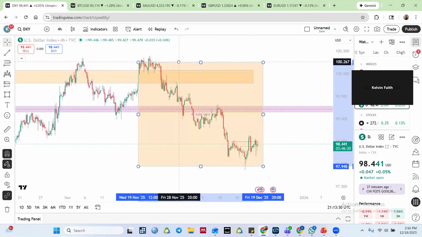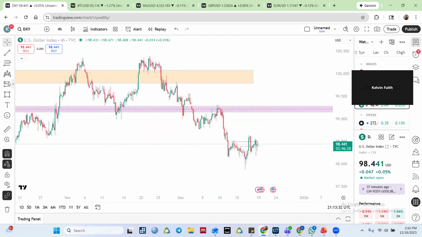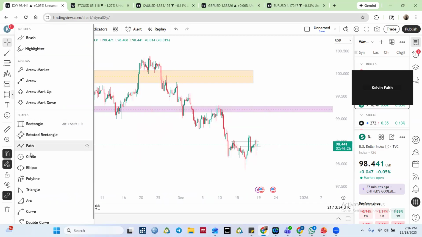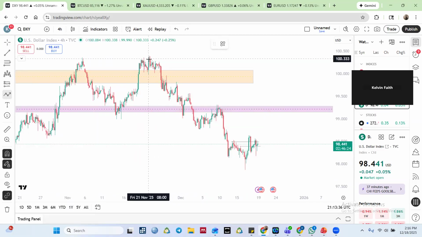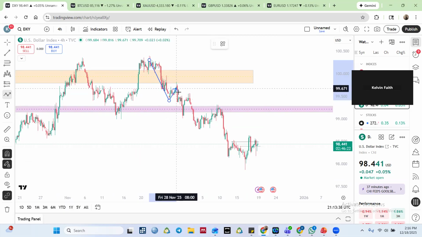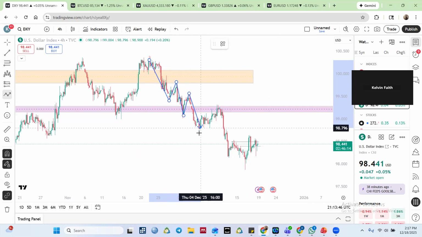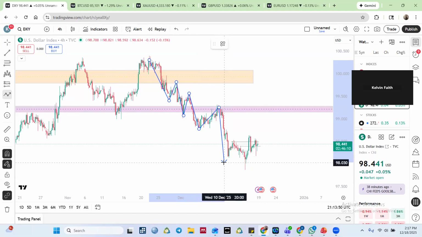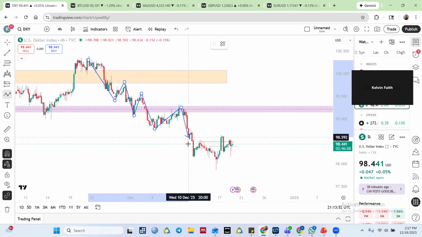From this point to this point, we can see that the market is making a lower high, lower low, lower high, lower low, lower high, a little lower low, and then a lower high, but I won't count that.